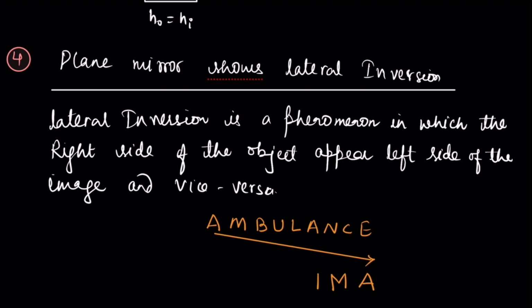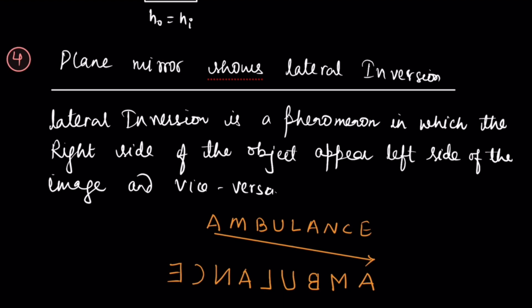Then B. Then U. Then L. Then again A comes. Then N. Then C. And then E. So it is written this way. Why? Because if any person is driving a car, through the rear view mirror the driver will see the word ambulance shown properly, or else they will not be able to read it properly.